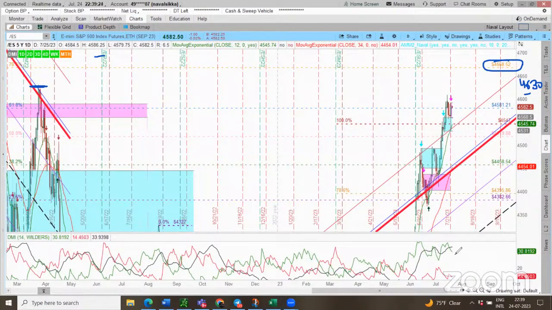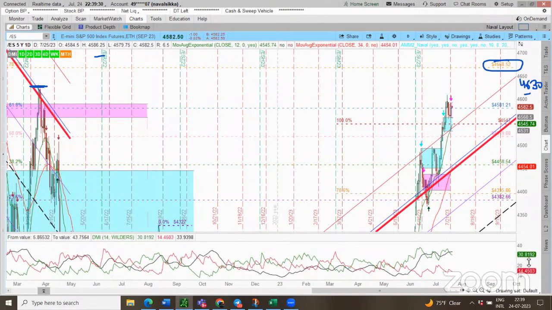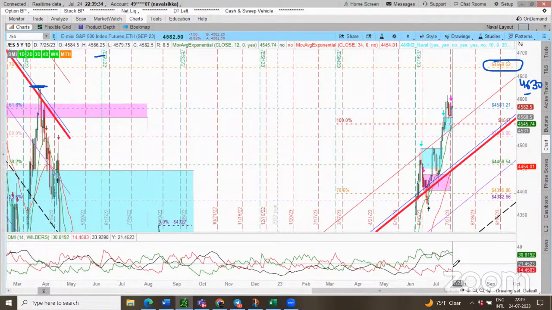As of now, the DMI, you can clearly see, 1 day, 2 day, 3 day, 4 day, all are extremely good, positive. If you want to see numerically, it's like 33. The strength in the market is really strong. The momentum positive is going down as well as negative is going down.